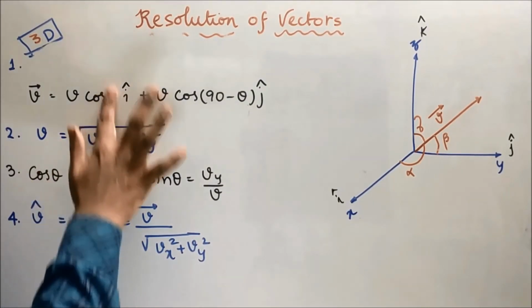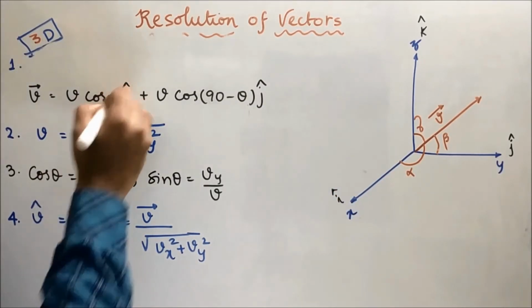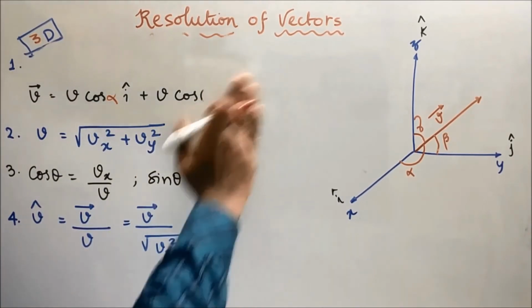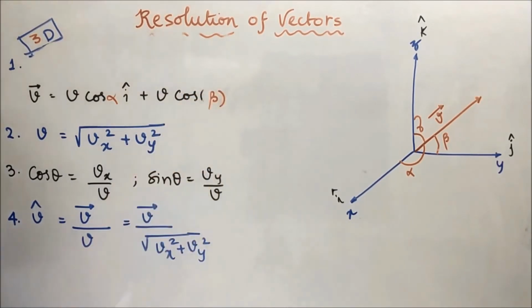v cos, so how much angle is it making with the x-axis? Alpha. Next, how much angle is it making with the y-axis? Beta.